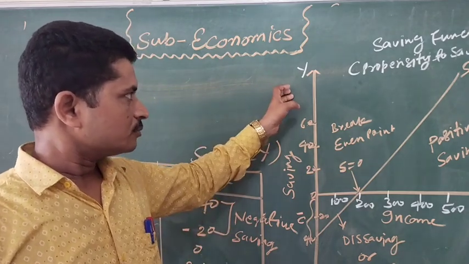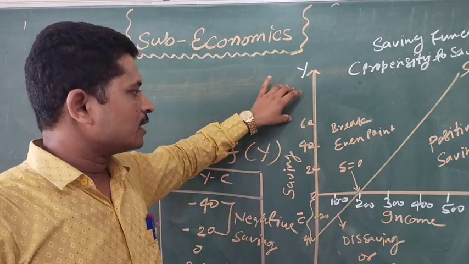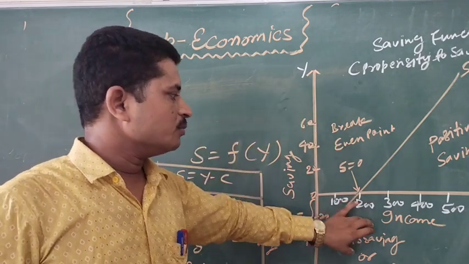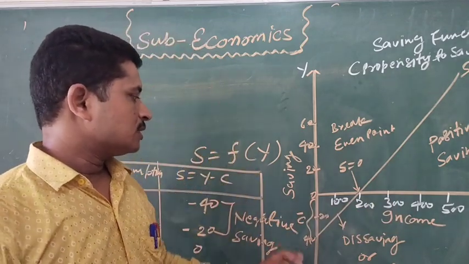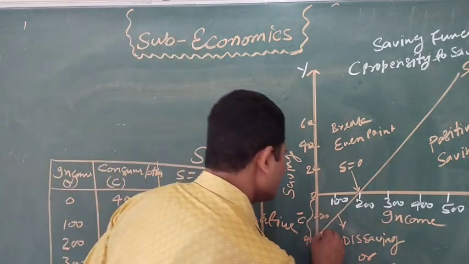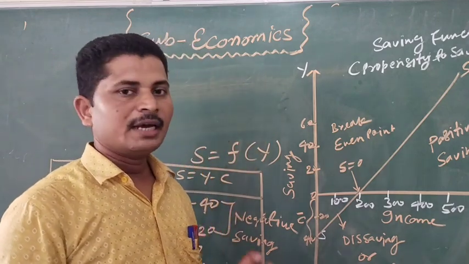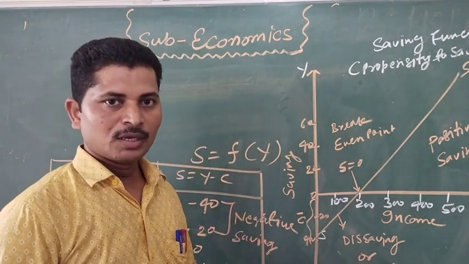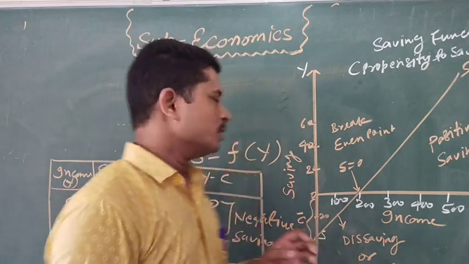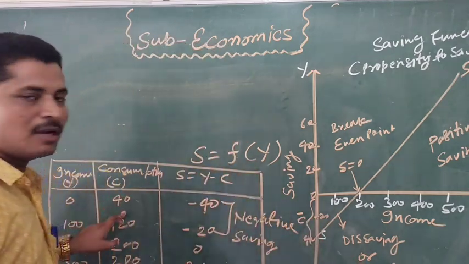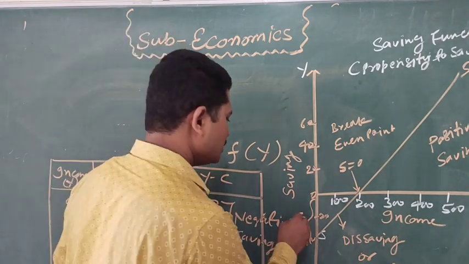In this diagram, saving we are referring along the y-axis and income along the x-axis. The saving curve starts from the y-axis. When income is 0, there is a minimum level of consumption of 40. It is also known as autonomous consumption.